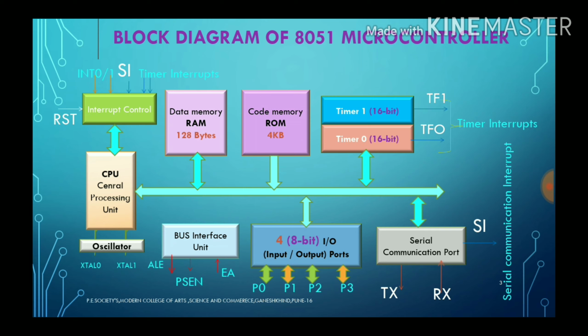That means whenever external memories are to be used by the system, this pin should be connected to the ground connection. This bus interface unit again should communicate with the internals of the system, and that is done via the internal bus.